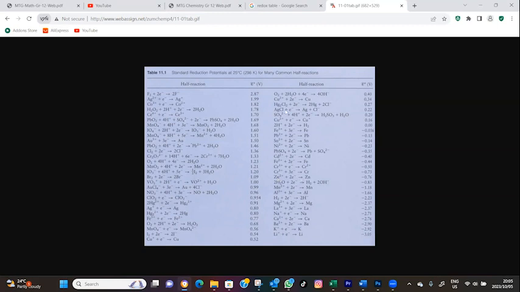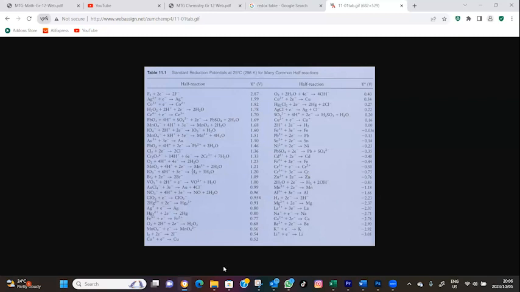Now, let us check their potential. If you check the potential there, this one is positive 0.34. So the copper reaction is most likely going to go in a forward direction because the value is positive, or that value is bigger than the value for zinc. Where is zinc? Yes, zinc is minus 0.76.